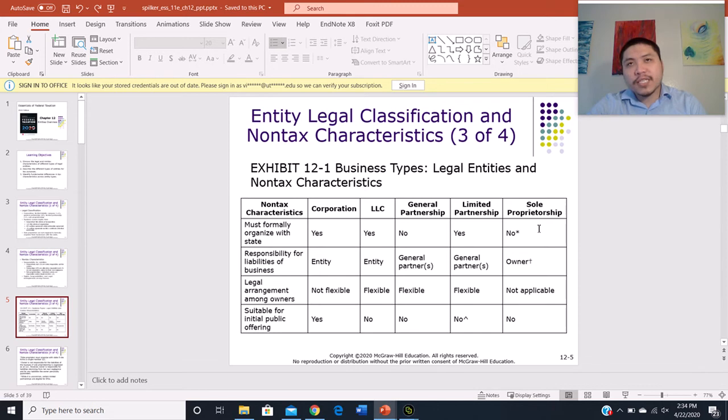So one exception is that the business owner of the sole proprietorship can form the business as a one-owner LLC, right? Meaning it is an LLC with only one owner.